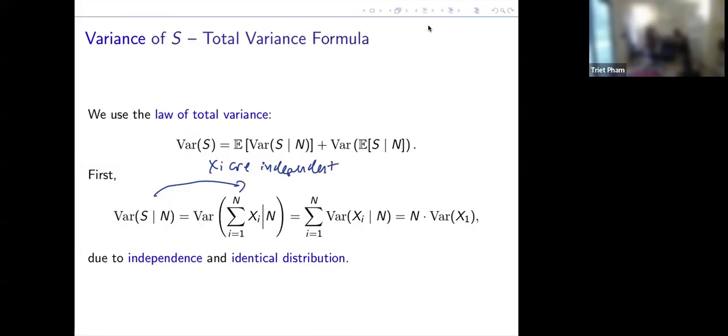If the xi's are not independent, then you cannot pass a variance inside the sum. Sorry, I mean this step right here. You pass a variance inside the sum because the xi are independent, and then you drop this conditioning because xi is independent of n. Is that okay?